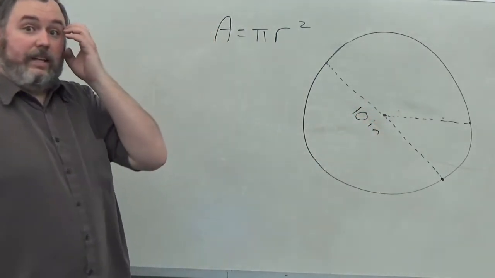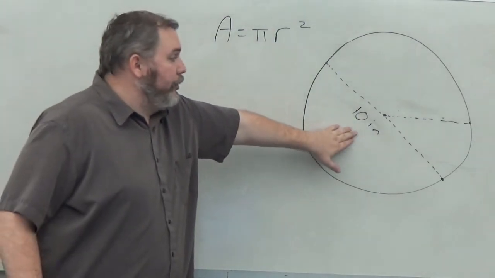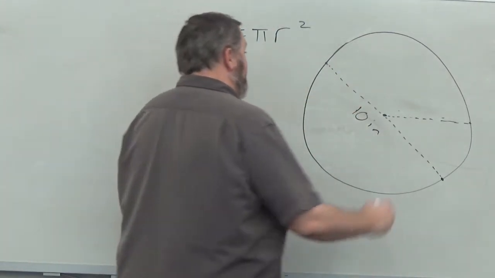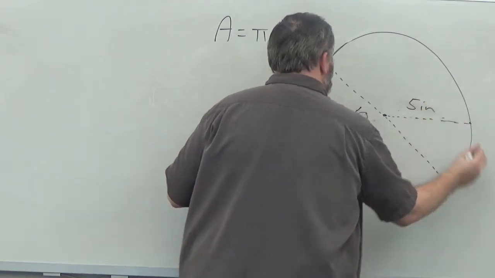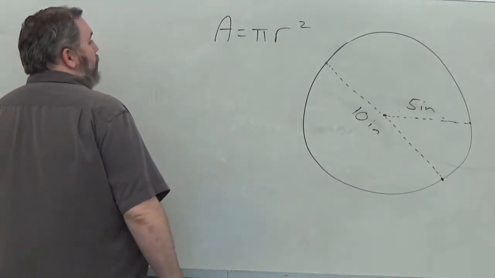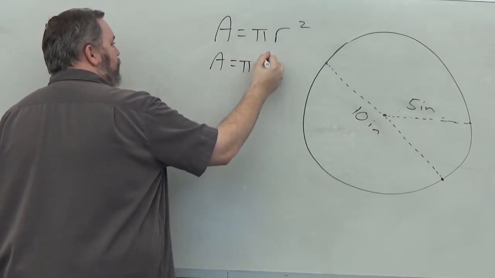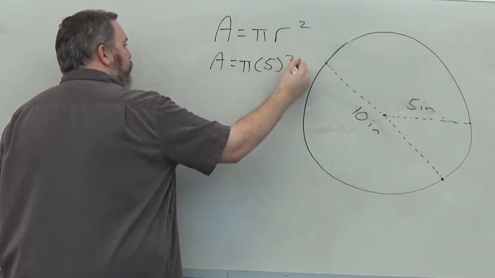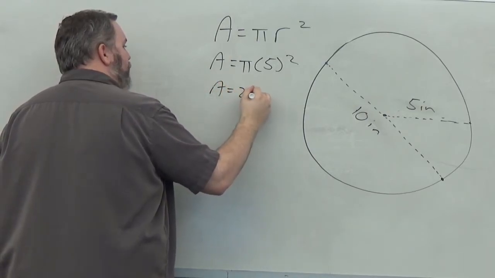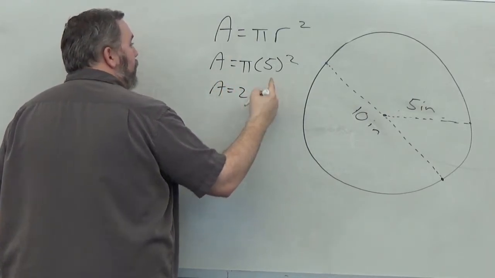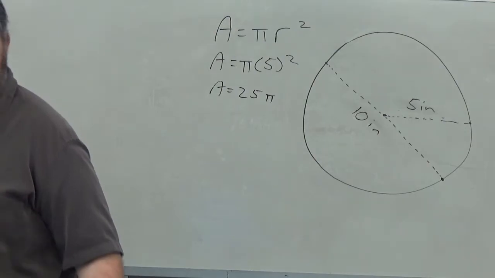Well, my equation needs radius. So if my diameter is 10, my radius has to be 5. Knowing that, I can plug this all in my calculator. I can say pi times 5 squared, or I could say 25 times pi, because 5 squared is 25.